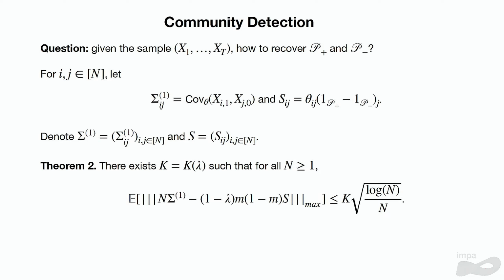If I sum over the rows, this will be close to something related to p at least, right? And if I take a j in p minus and sum, there will be a minus sign in front.